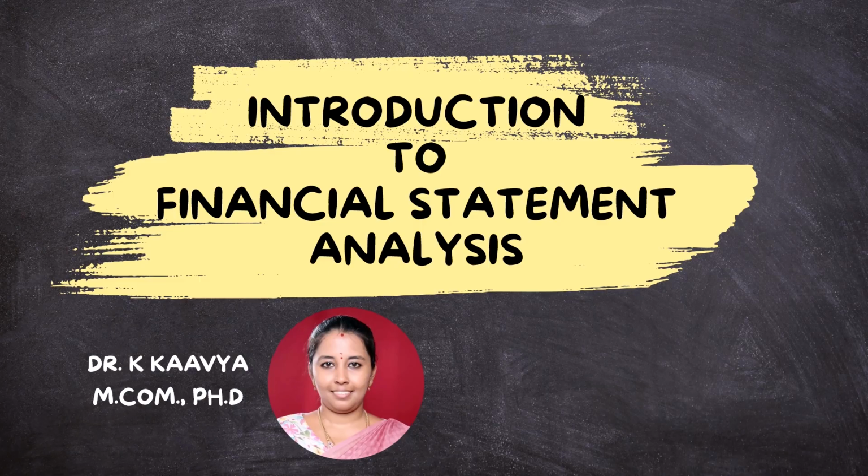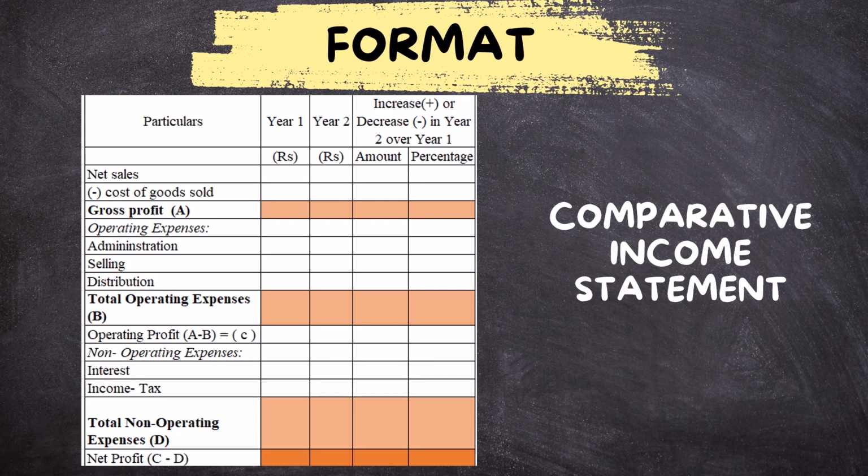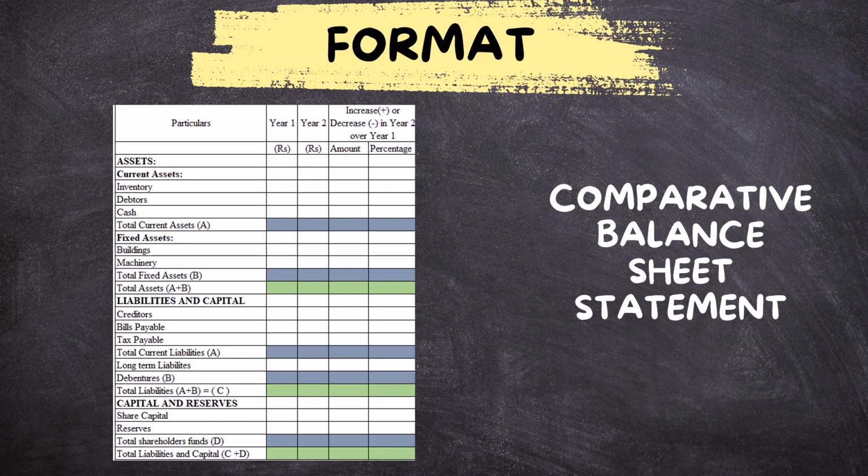I am Dr. Kavya. In the last video, introduction to financial statement analysis, we saw the meaning, definition, tools and techniques, including some formats like the comparative income statement format. In this video, we are going to see the format and the problems for the comparative balance sheet statement.